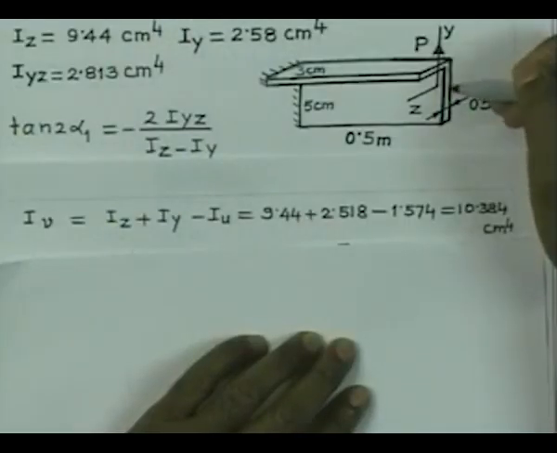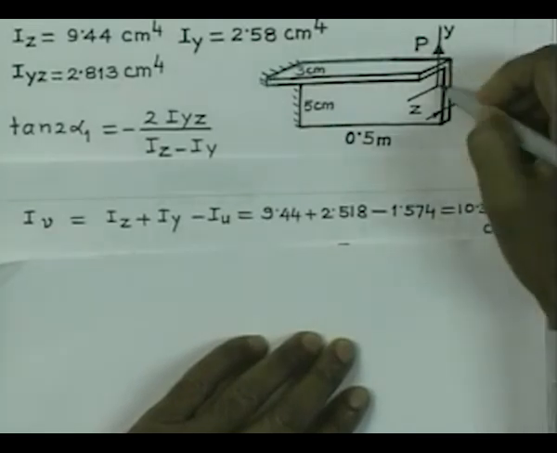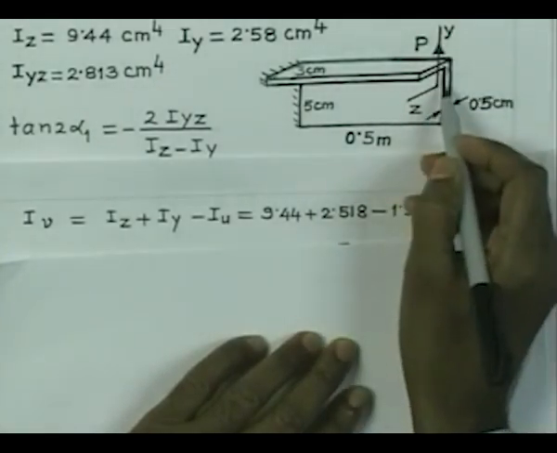Now, what is the problem? The problem is that for this particular case, so look at this geometry, I am trying to apply a force here like this, and we are interested in calculating the maximum bending stresses in the cross section. Think for a while that this particular force is trying to bend the cross section about the z axis.